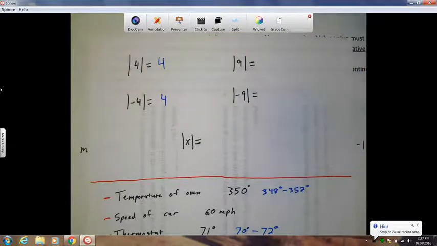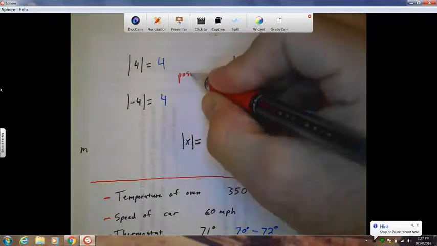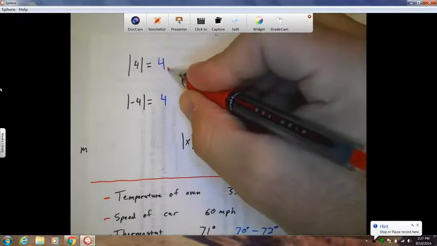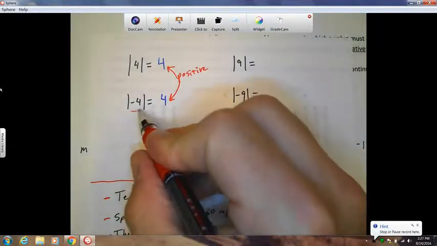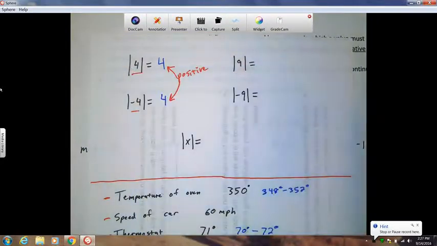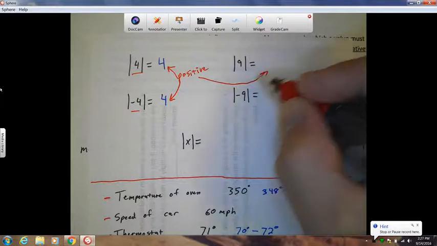Notice how absolute value is always positive. So notice how that is positive. But this does not have to be positive, just when you get the answer to absolute value. So those will also be positive.